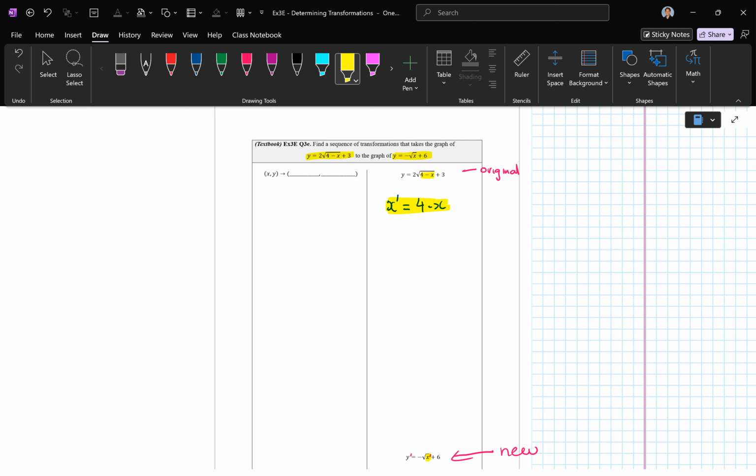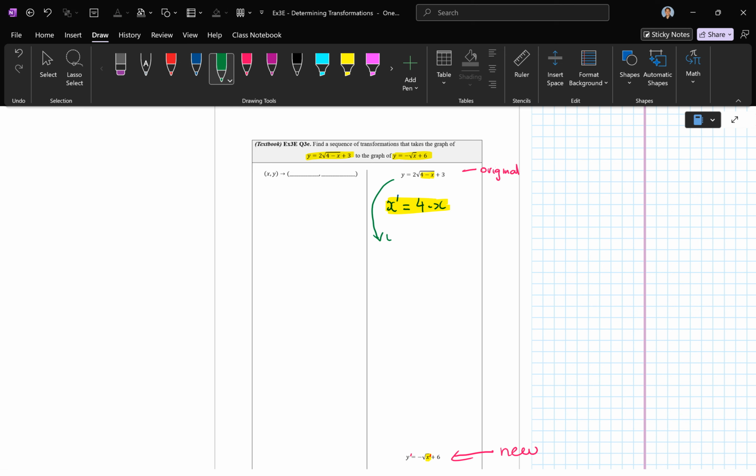What am I having troubles with? It's that y. How did I end up with a y dash here and a plus 6 there? Well, and that negative there, everything that is not highlighted in yellow belongs to the y. So I'm going to rearrange all of them to be in the y section to compare. So let's rearrange this equation.